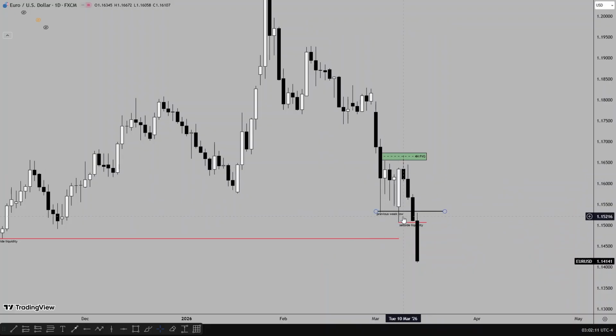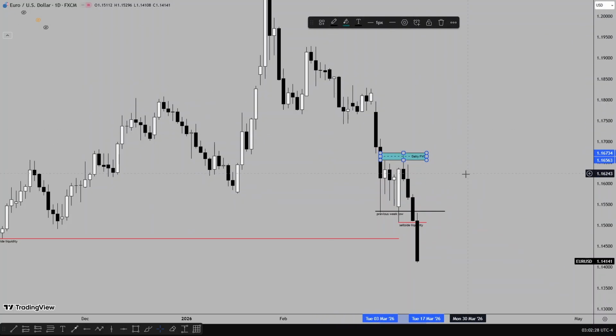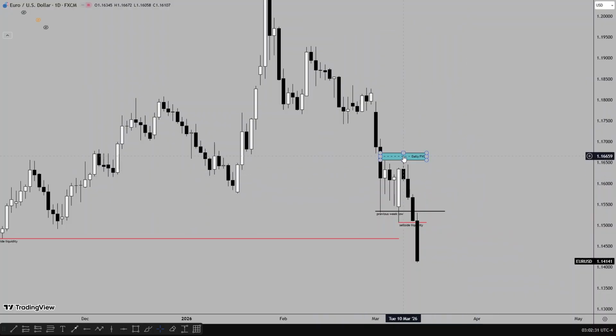Monday took out previous week high, but did a retracement back into the range, and looking at this swing high to swing low, it is going to be a retracement trading lower. Price will be using the 4 hour, sorry, this should be the daily fair value gap. Price should be using the daily fair value gap as a resistance.